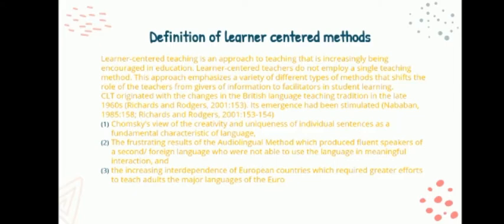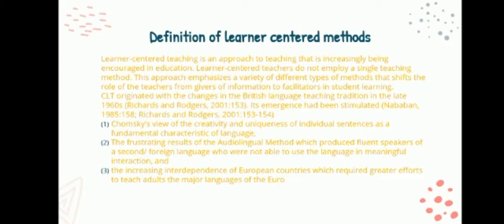CLT originated with the change in the British language teaching tradition in the late 1960s. Its emergence had been stimulated by: Number 1. Chomsky's view of the creativity and uniqueness of individual sentences as a fundamental characteristic of language. Number 2.